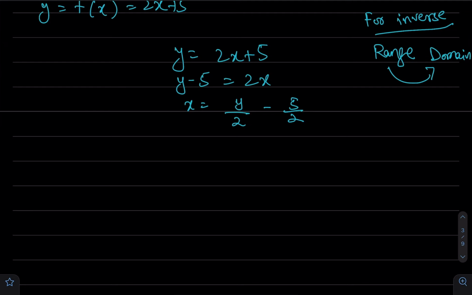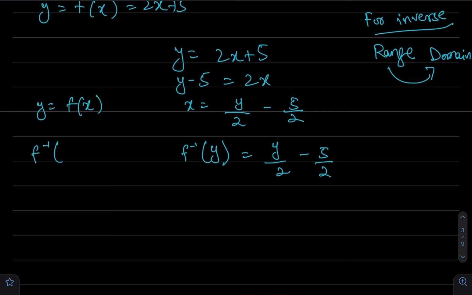Now this x is equal to f inverse of y, right? Because what we did was y was equal to f of x, right? And when we took the inverse of y, f inverse and f of x are going to cancel out.